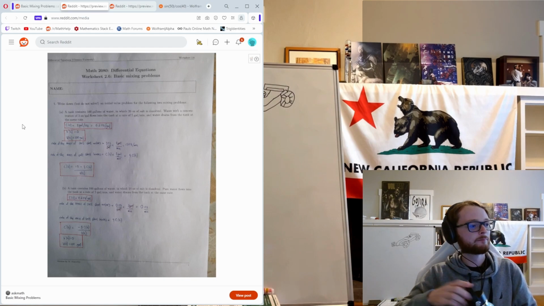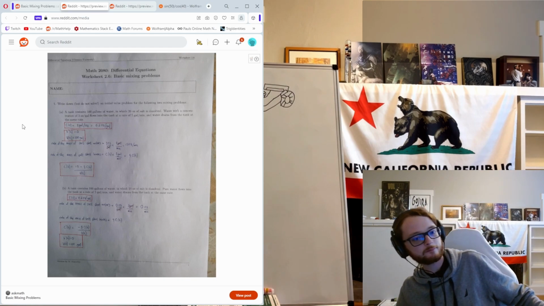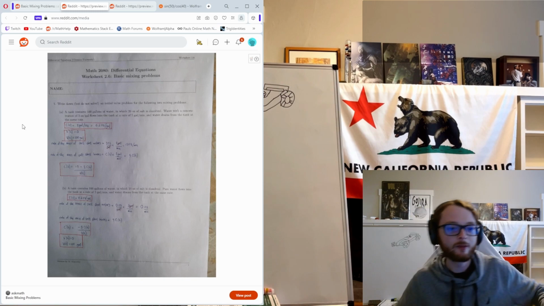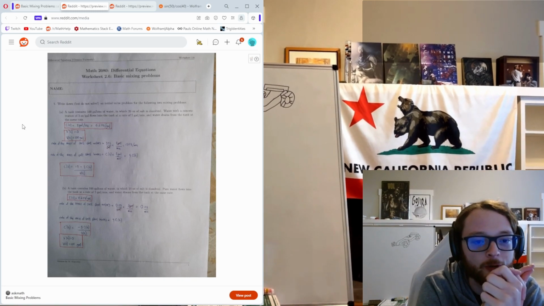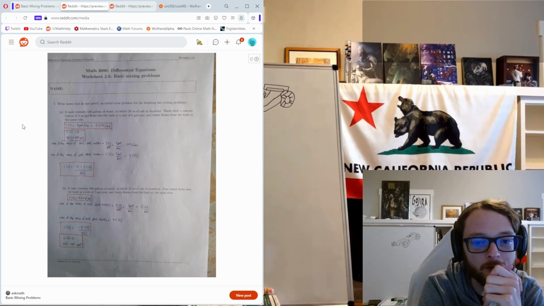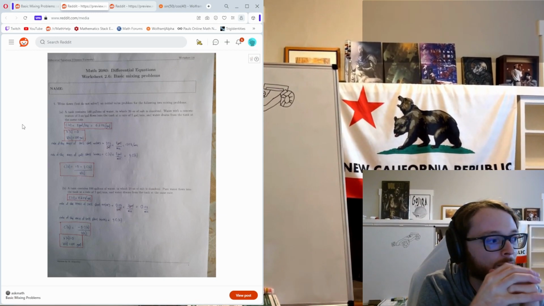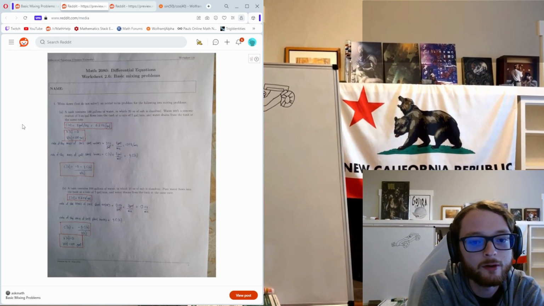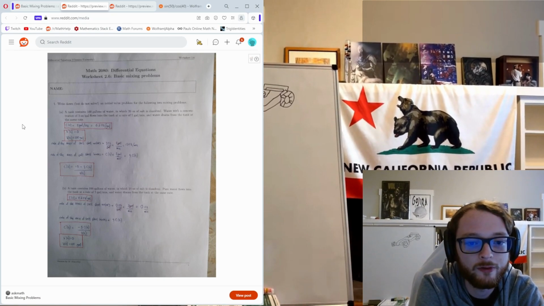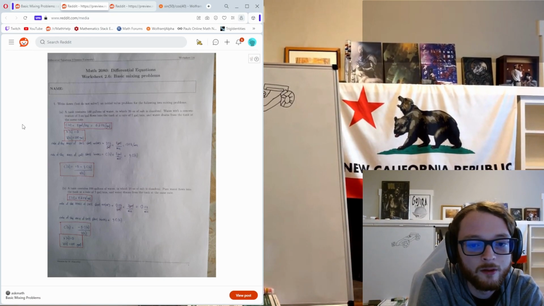Okay. Write down but do not solve an initial value problem for the following two mixing problems. A tank contains 100 gallons of water in which 20 ounces of salt is dissolved. Water with a concentration of 3 ounces per gallon flows in the tank at a rate of 5 gallons per minute. Water drains from the tank at the same rate. Okay.